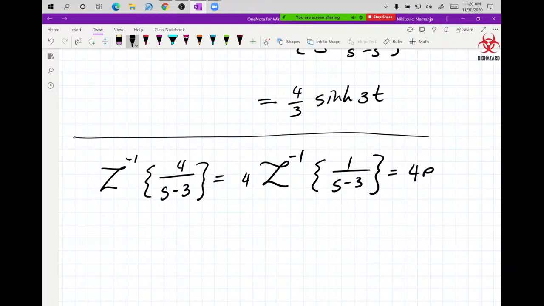So this is 4e to the 3t, because 1 over s minus a converts into e to the at in the chart. So if you have a 3, that a is 3, and then minus matches minus, so it's going to be positive a on this side. If it was plus 3, then it would be minus 3t. So those are subtleties of reading the formulas, but that should not make major problems.